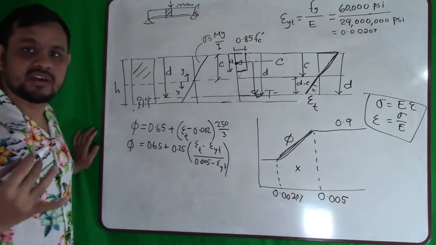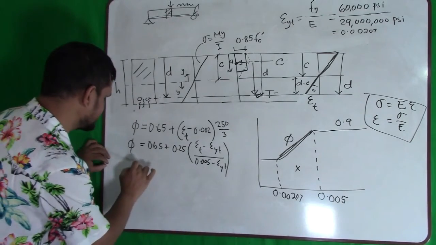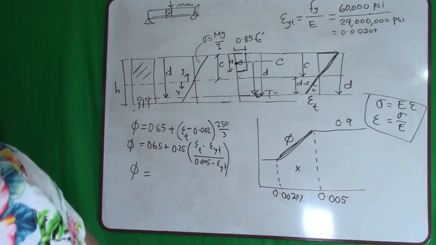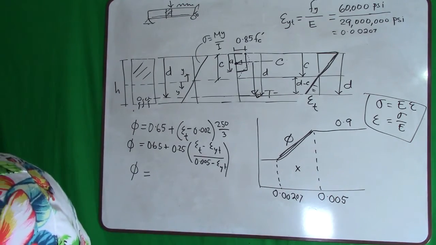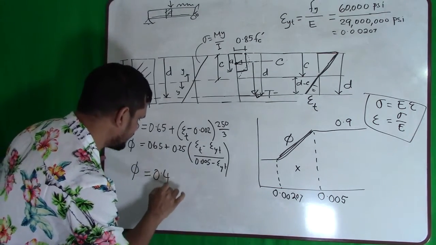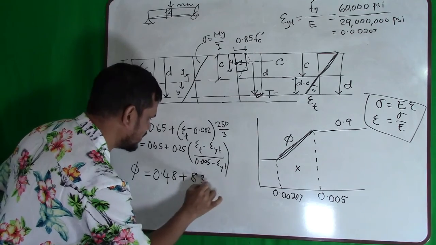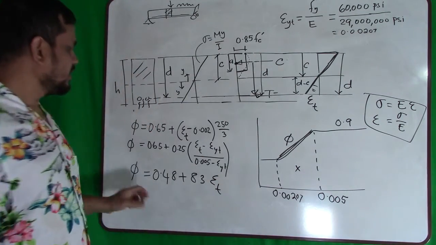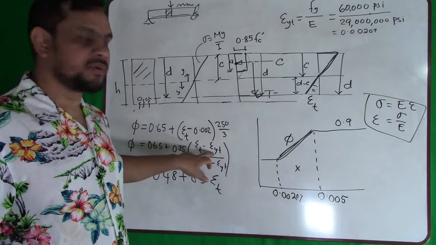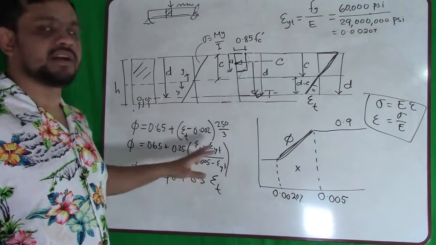If we use the FE reference handbook, they use a different equation. If I remember correctly, it is 0.4883 plus epsilon t. Now epsilon yt is the yield strain of the steel.